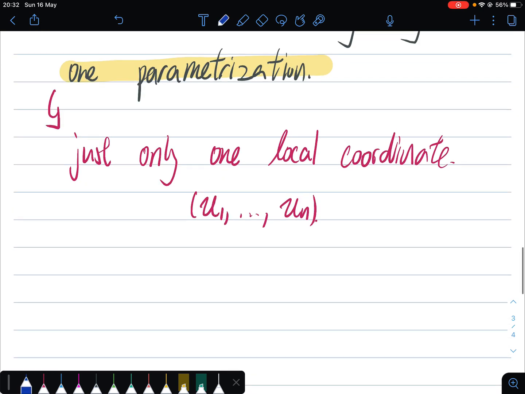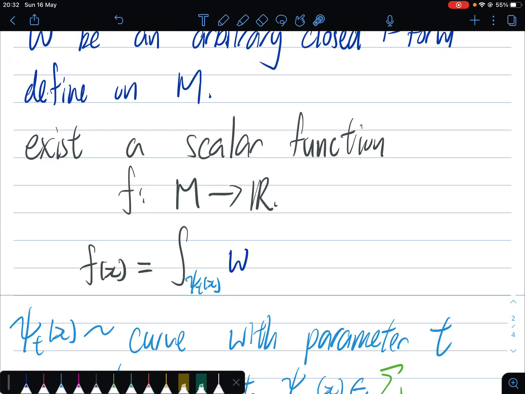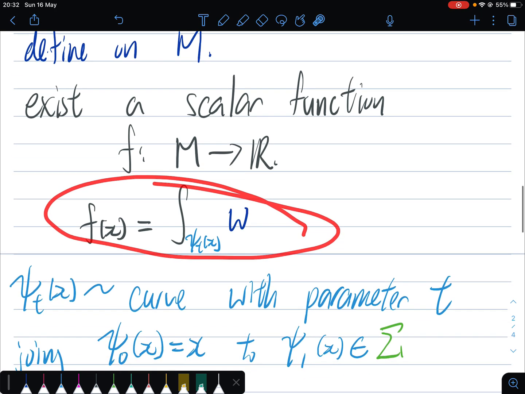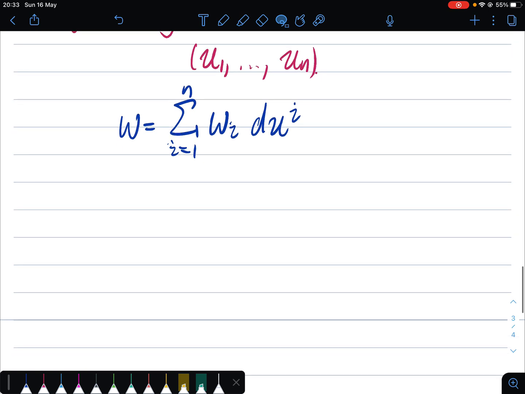So omega will equal the sum from i equal to 1 to n, expressed in local coordinates. Now we will transform this integral under our local coordinates, and our main result is that we would like to show the following result.